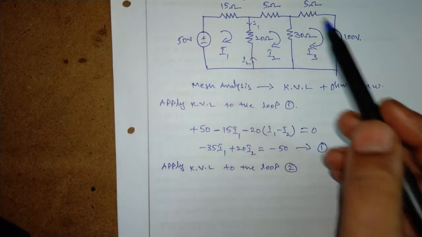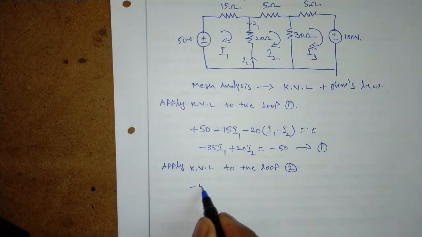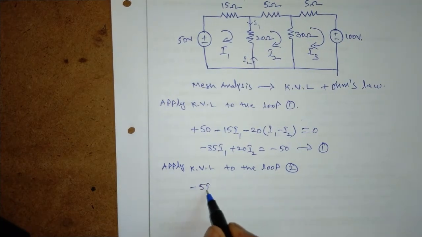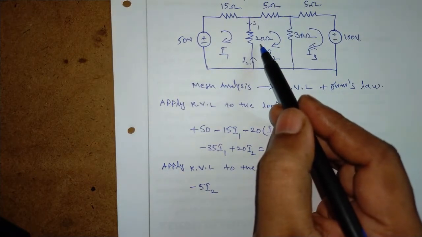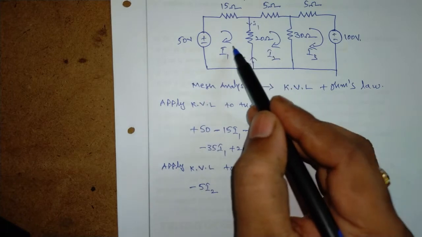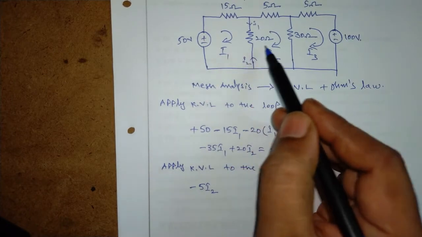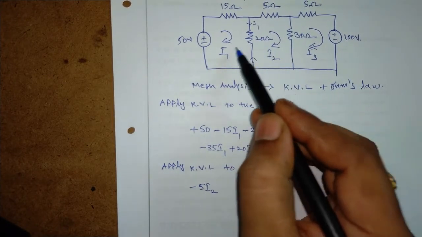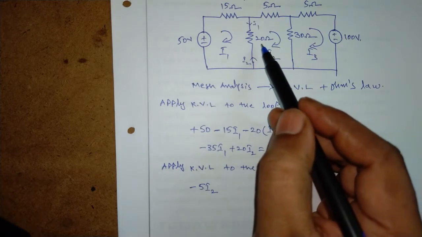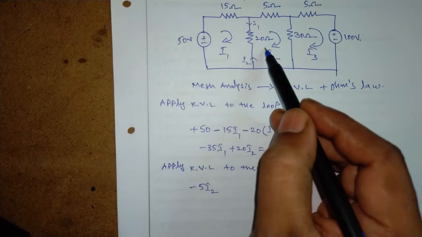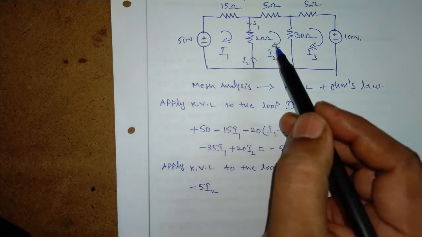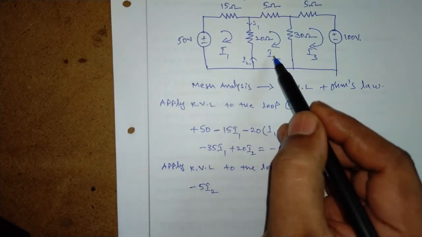Then it is a resistor, we have a drop, put minus 5 into I2. Next, coming to this 20 ohms, which is in between two loops, loops 1 and 2, the current passing through this 20 ohms is a difference of I1 and I2. But here we are writing the equation for loop 2.